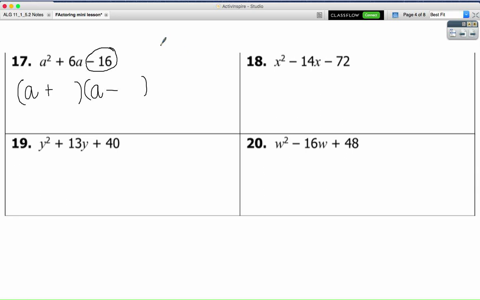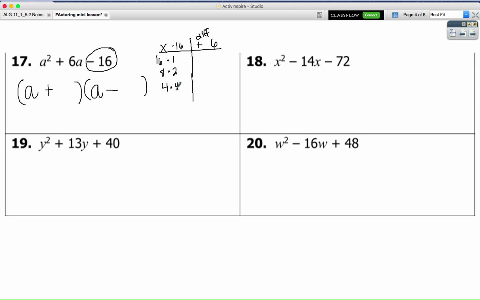So I'm looking for two numbers that multiply to give me a negative 16, but that add up to give me a positive 6. Now technically, because they're opposite signs, it's really a difference of positive 6. So thinking of factors of 16, we've got 16 and 1, 8 and 2, 4 and 4. Keep in mind, one of them has to be negative to get a negative 16.